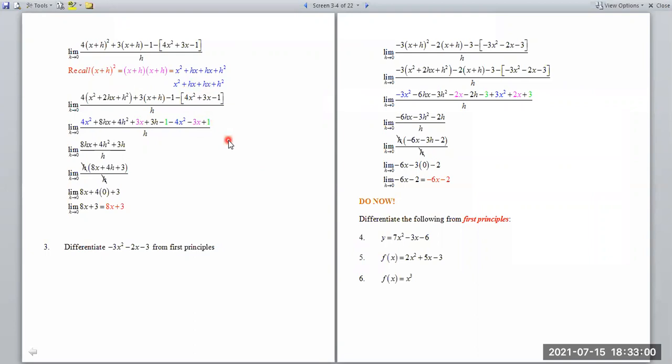Yeah, I see it there, but I don't know how. Okay, which one are you talking about? So when I expand x plus h all squared, this is what I get. This is what I did here for you: x squared plus hx plus hx. hx plus hx is 2hx.